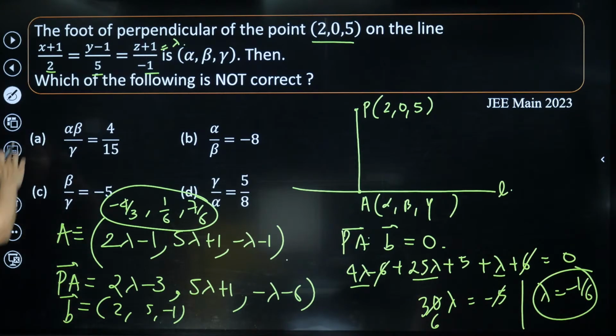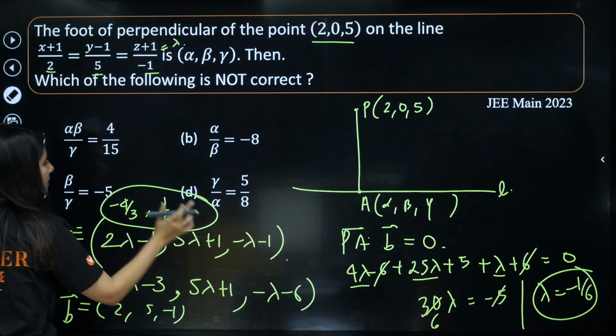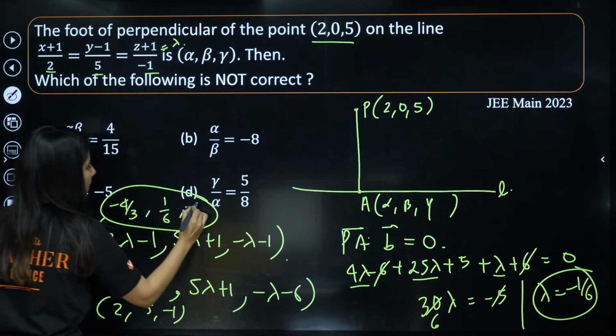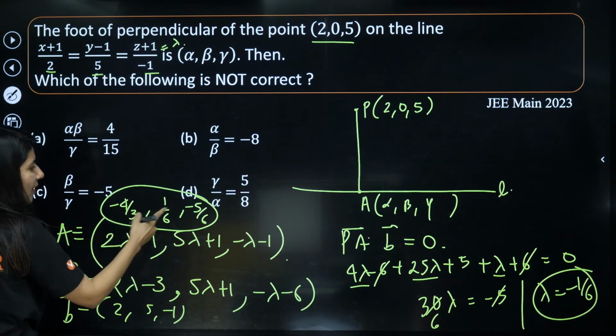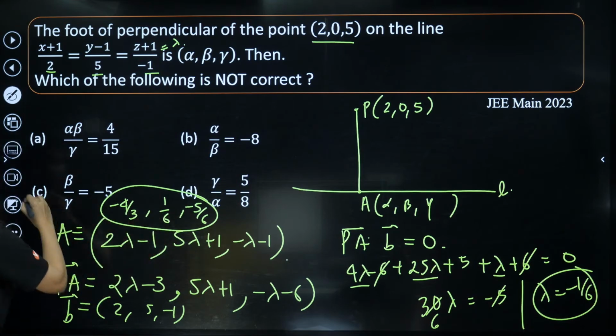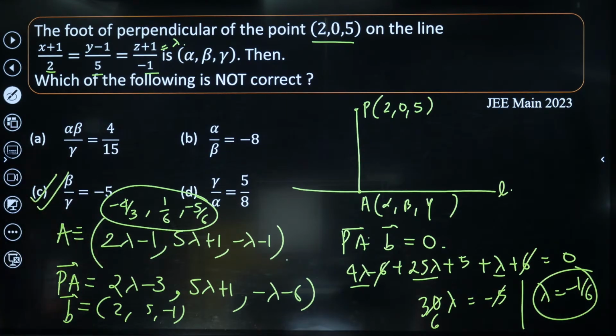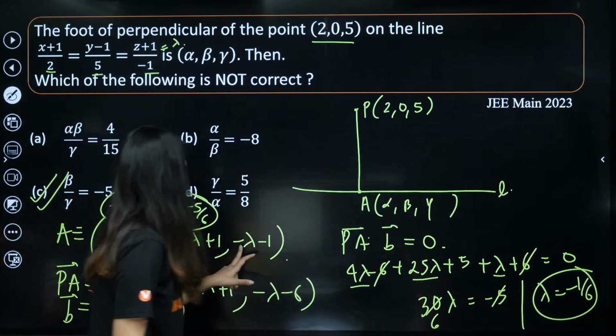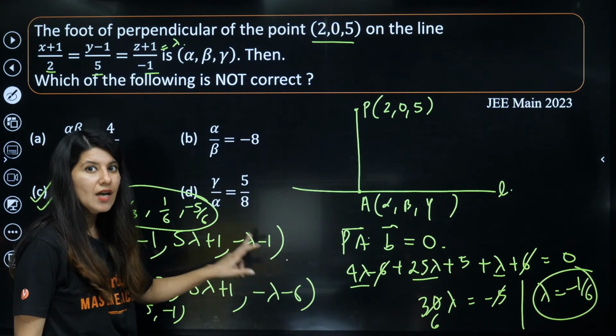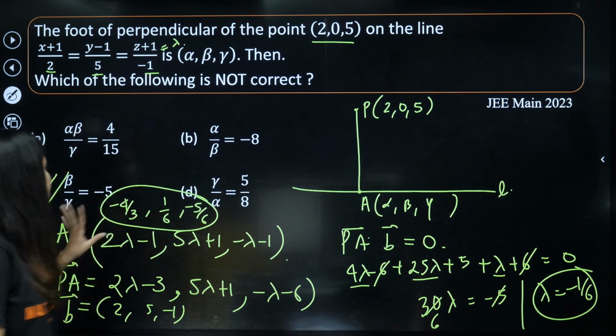Oh, so this is minus 5 by 6. Can you see this is alpha, beta, gamma? So beta by gamma, option C is absolutely right. Because the moment you plug in minus 1 by 6, it will be 1 by 6 minus 1, and 1 by 6 minus 1 is minus 5 by 6.